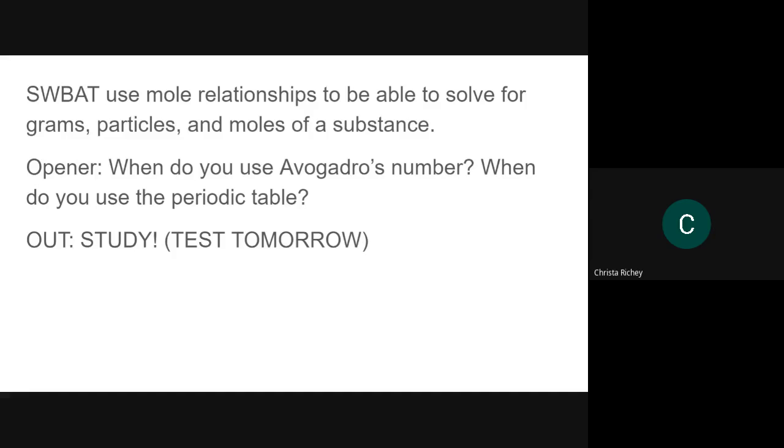If it's an ionic compound, that's a formula unit, and if it's a covalent compound, it's a molecule, but they're representative particles. When do you know to pull the numbers off the periodic table? What unit is that always attached to? Grams.